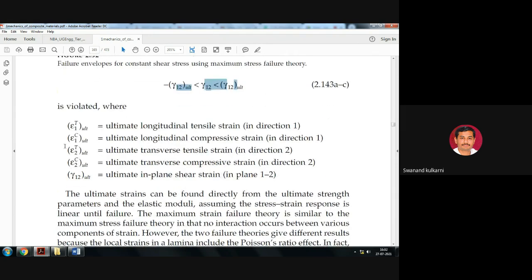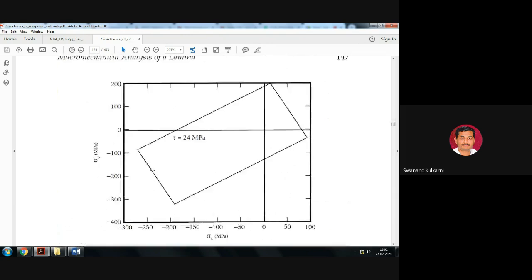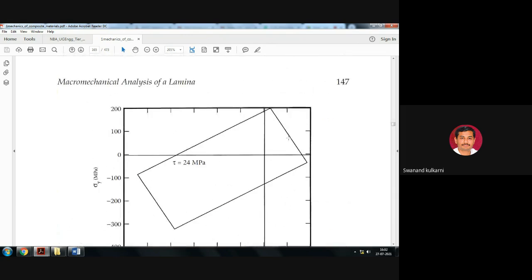With the usual notations, we should understand this direction 1, 2. So if this is the particular direction which we are interested in, and we are taking this direction as reference, is it okay? As far as this direction is concerned, we will consider this as the x direction.